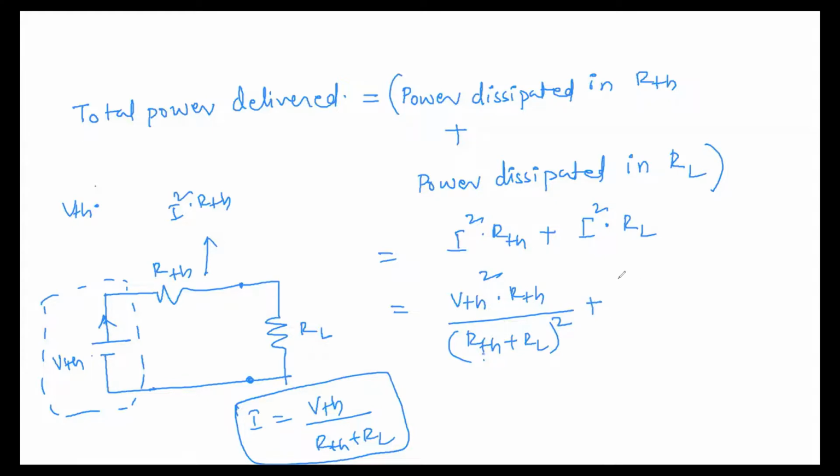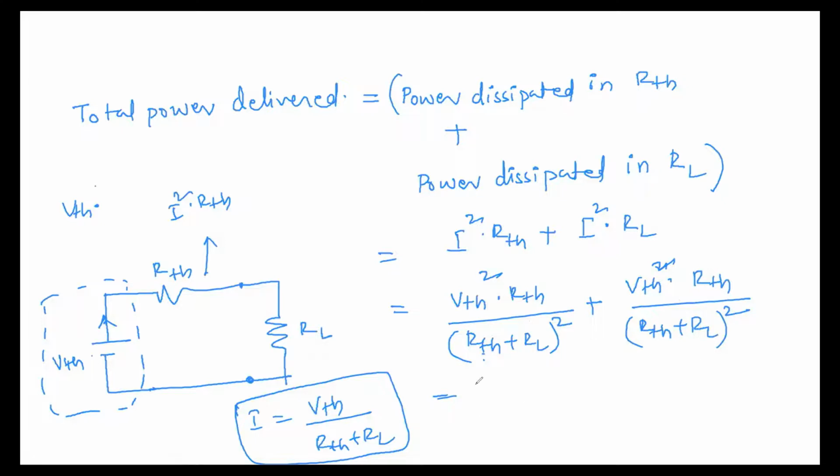In the same way, here also VTH square into RL, which can be replaced with RTH, again gives RTH plus RL whole square. As the condition is maximum power, you can replace RL with RTH at every place. Just try to replace and tell me what you get.